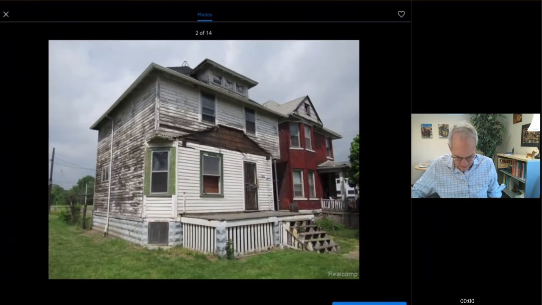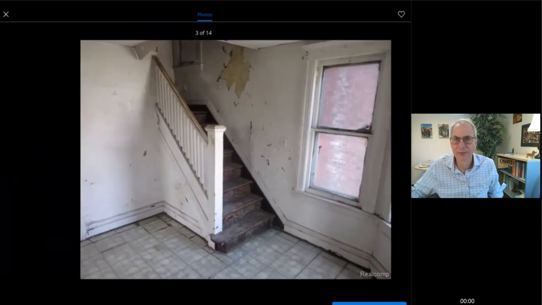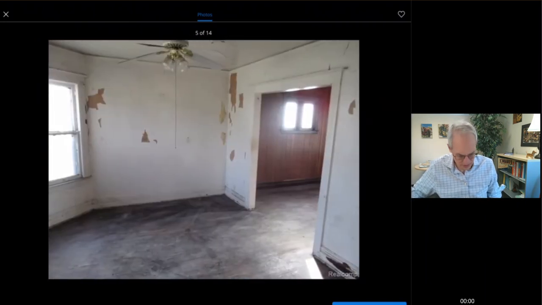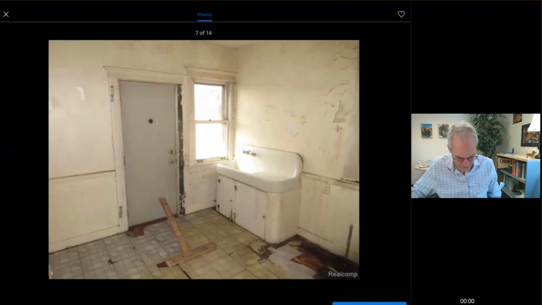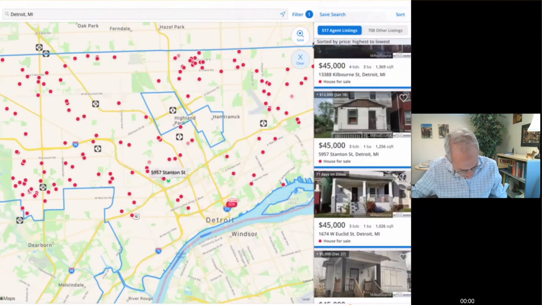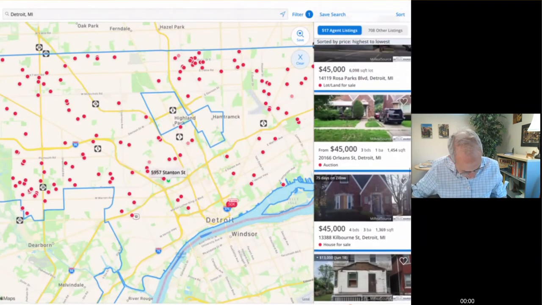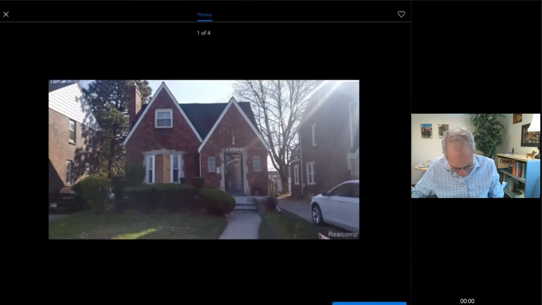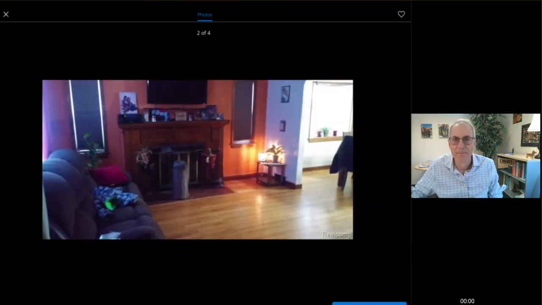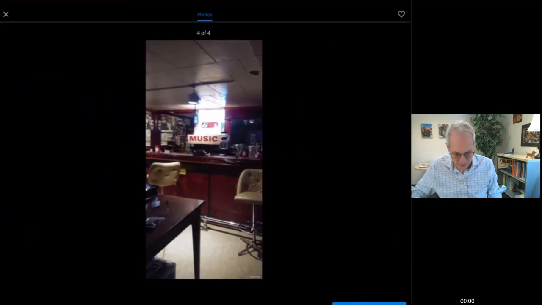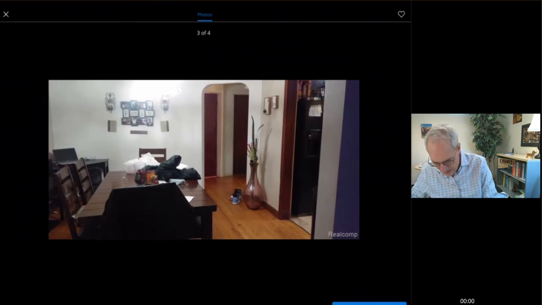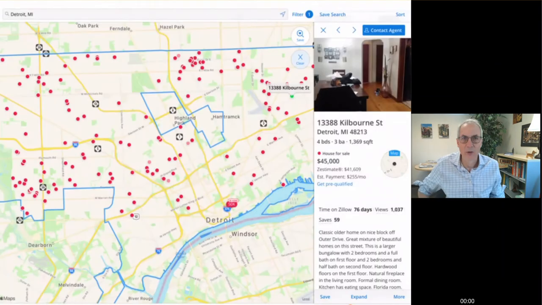So probably what we would typically call a crack house. And so you can get a house for $45,000. You know, the kitchen could use some work. But in all seriousness, there was another one I found here that didn't really look too bad. Look at that. See? So you don't need to just buy a trailer for $45,000. You can have a real home.